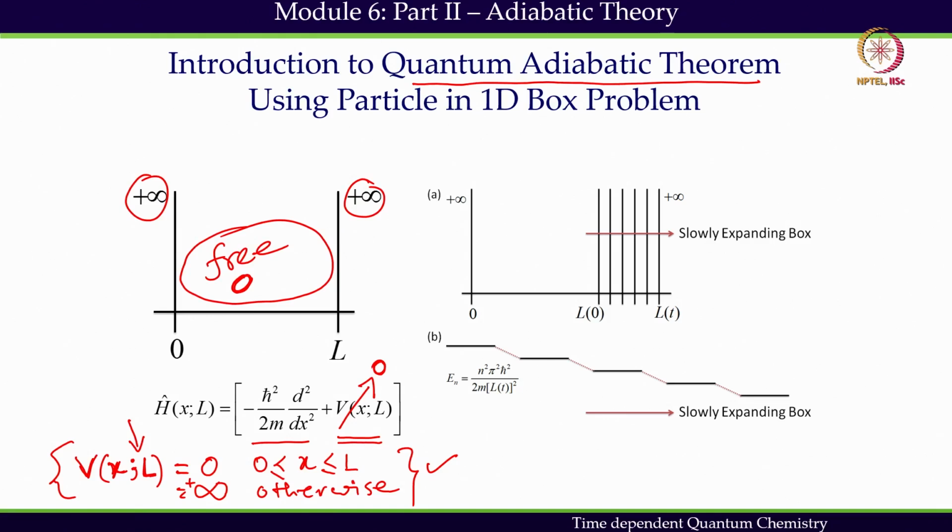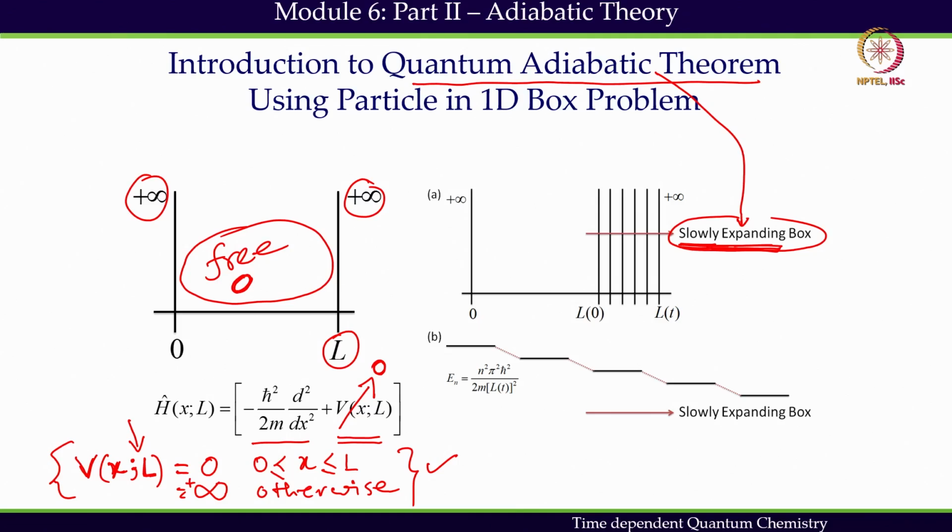Now, for the demonstration of quantum adiabatic theory using the particle in a one dimensional box problem, we assume that this L changes as a function of time very slowly. So it is a slowly expanding box, and this slow expansion is the adiabatic approximation. That's why it is called quantum adiabatic theory.